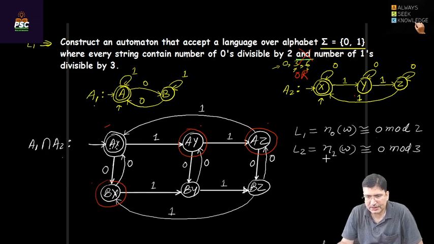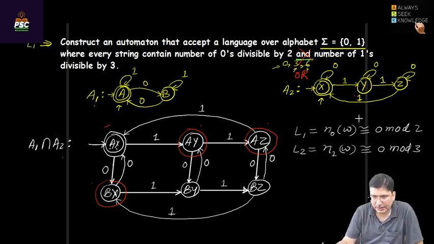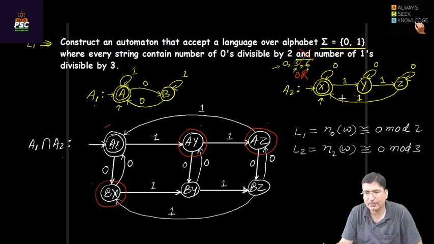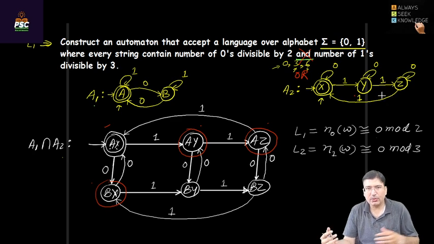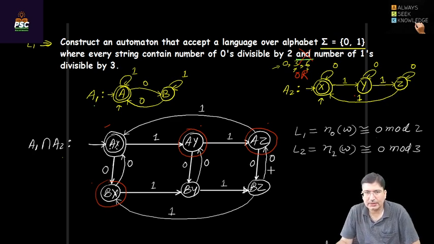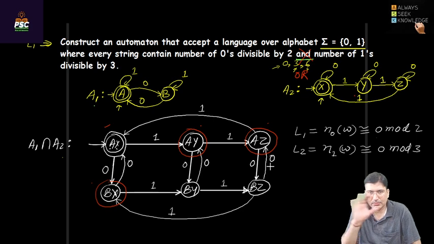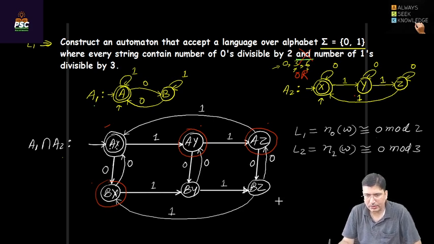Now, we are already aware that automata A1 will have 2 states and automata A2 will have 3 states, and if you combine these two automatas, the total number of states will be 2 cross 3, that is 6. So that has been drawn.